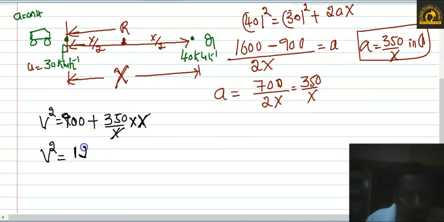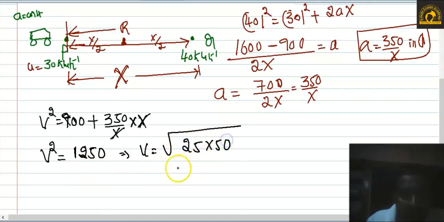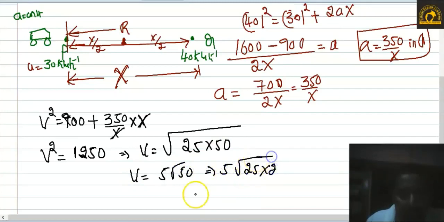So now you have to write v is equal to the square root of 1250. 1250 can be written as 25 into 50, so v is equal to 5 square root of 50. That is equal to 5 square root of 25 into 2.